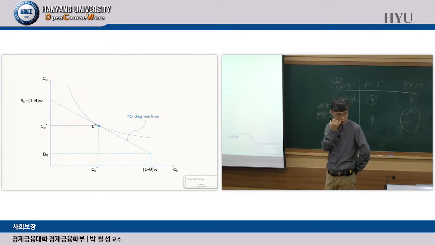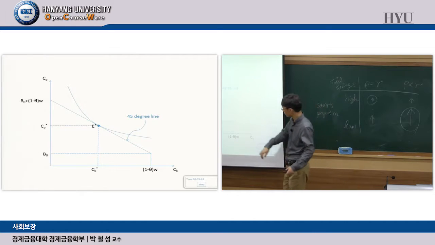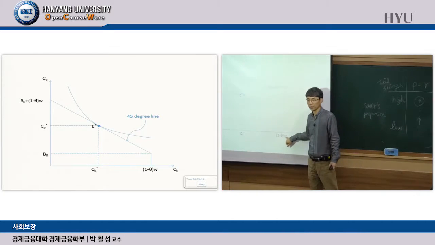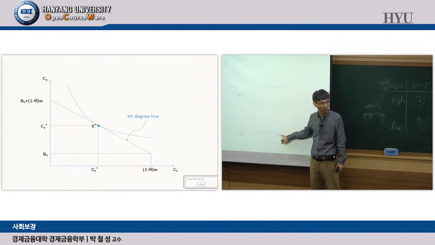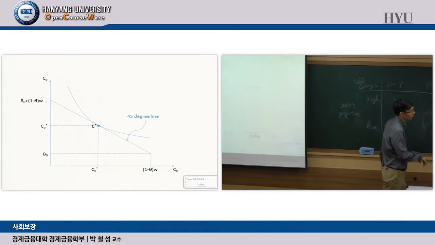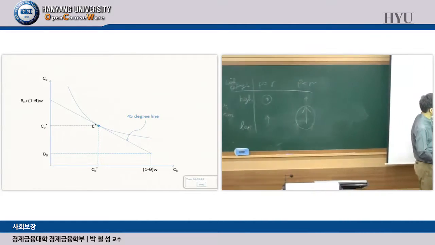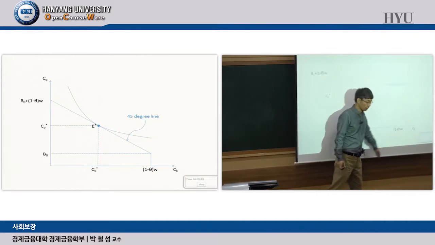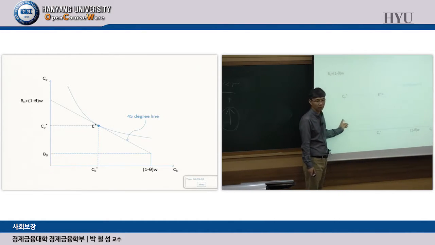If the child does not give any money to her parents, she will have (1 minus theta) W as her own consumption. The maximum amount she can get is (1 minus theta) W. In that case T equals 0, and the parents will consume only B.